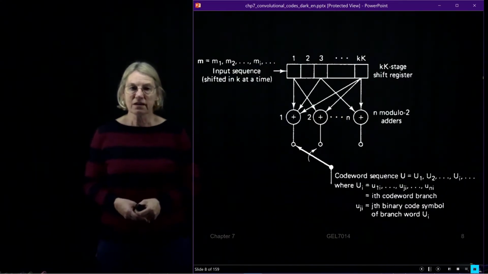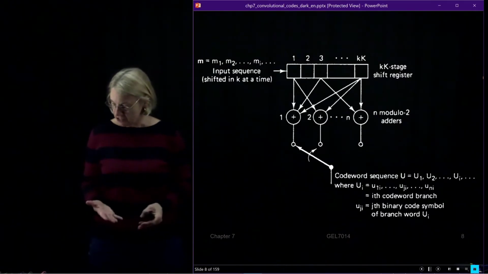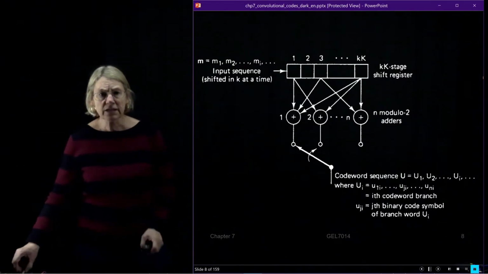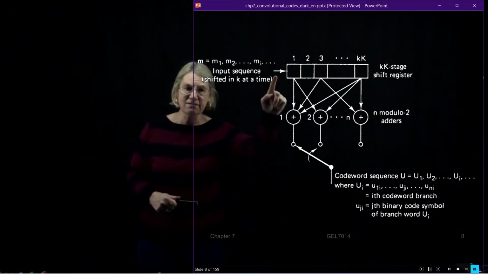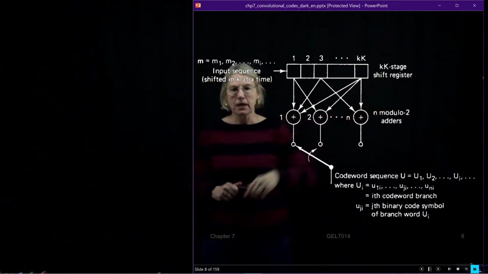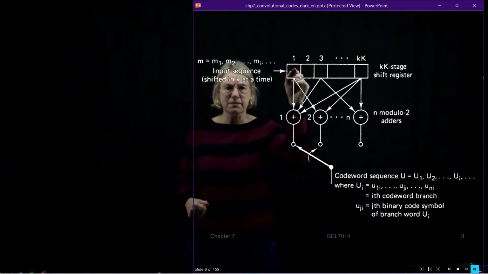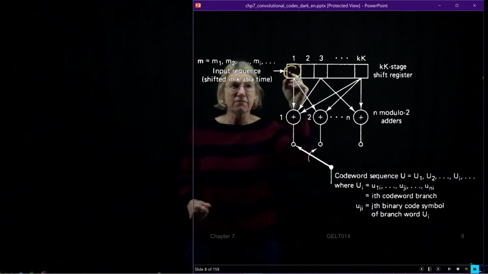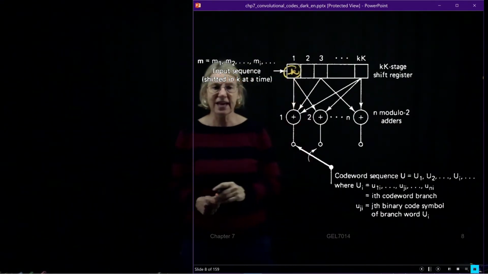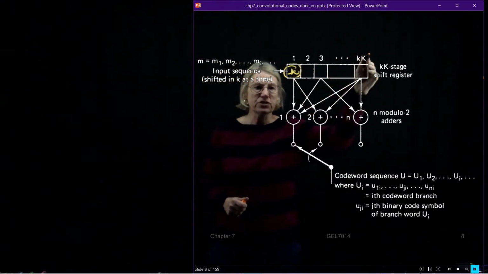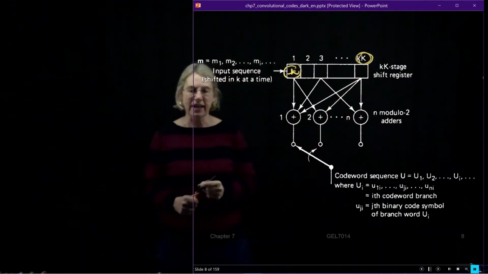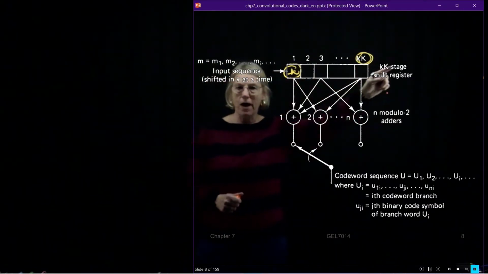So this is the block diagram of the shift register. I can see the input on this side, output on this side. We can see that each one of these boxes is big enough to have k, lowercase k, bits. Now, the number of shift registers I have is related to this capital K, the constraint length, so that determines how many of these boxes I have.